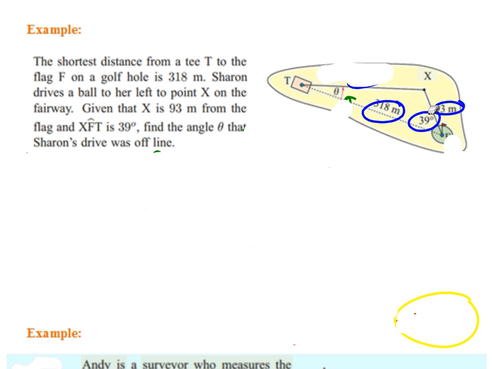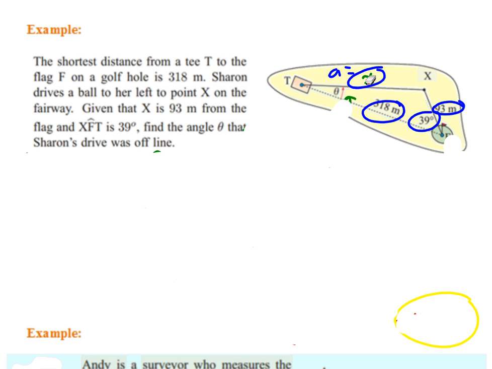So maybe I will want to use this. You could use the sine and cosine rule eventually, but you might want to do this first. Maybe work out this length first. I've labeled this length x, because if we think of this as x, then we've got three sides and an angle. We can work out x using the cosine rule, and then we can use that to work out theta using the sine rule.